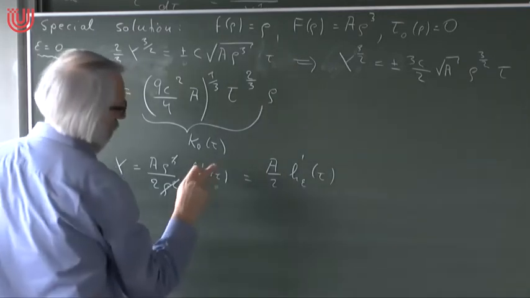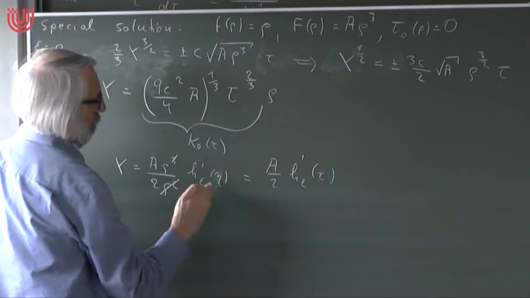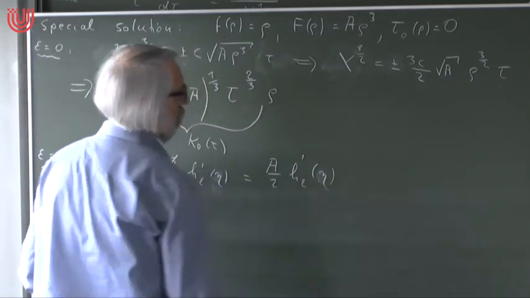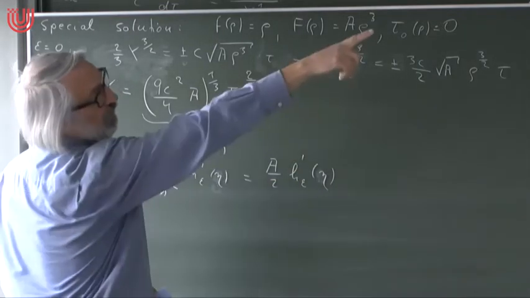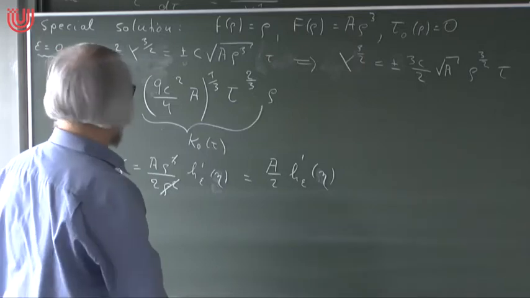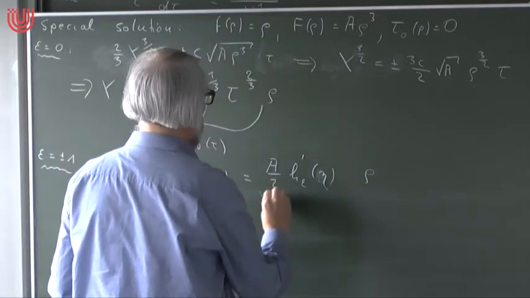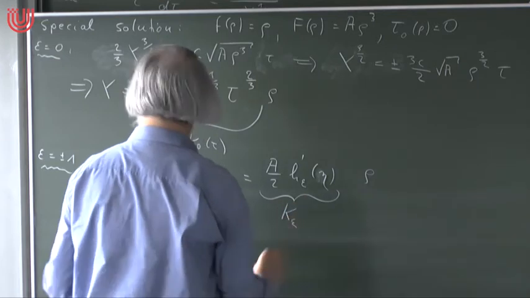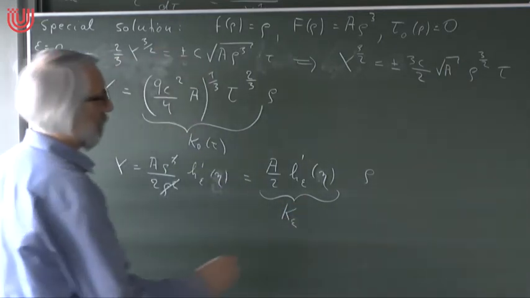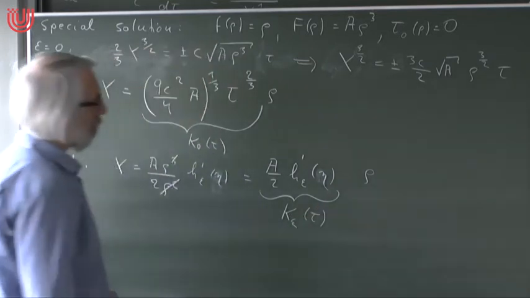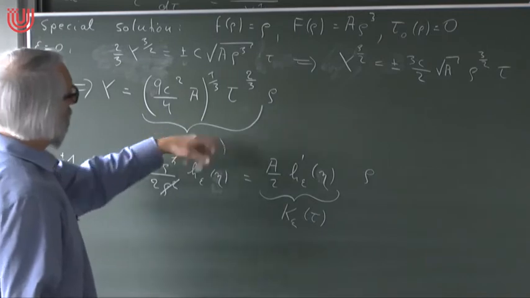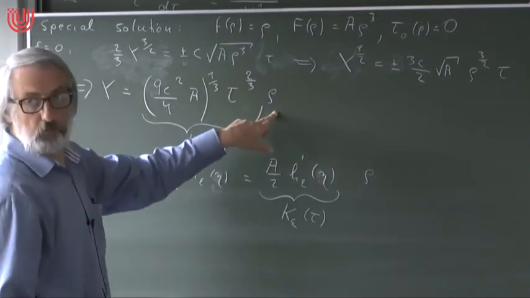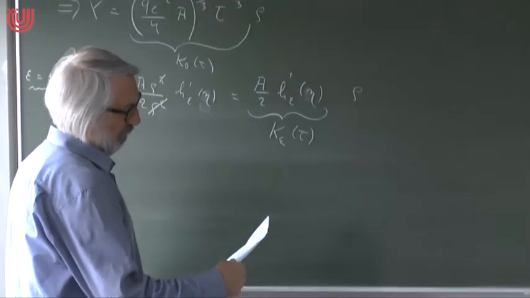Well, it is a function of tau in the end, but I wrote it in terms of eta. So just to stick with my notation, I should write it in this way. But then you should think of eta as being expressed in terms of tau by this relation there, times rho. And that's what I call k epsilon of tau in the case epsilon is plus 1 or minus 1. Eta is in a 1-to-1 relation to tau. So we see in both cases we have put our metric in the form of a factor which depends on tau times rho. So that was the essential result.